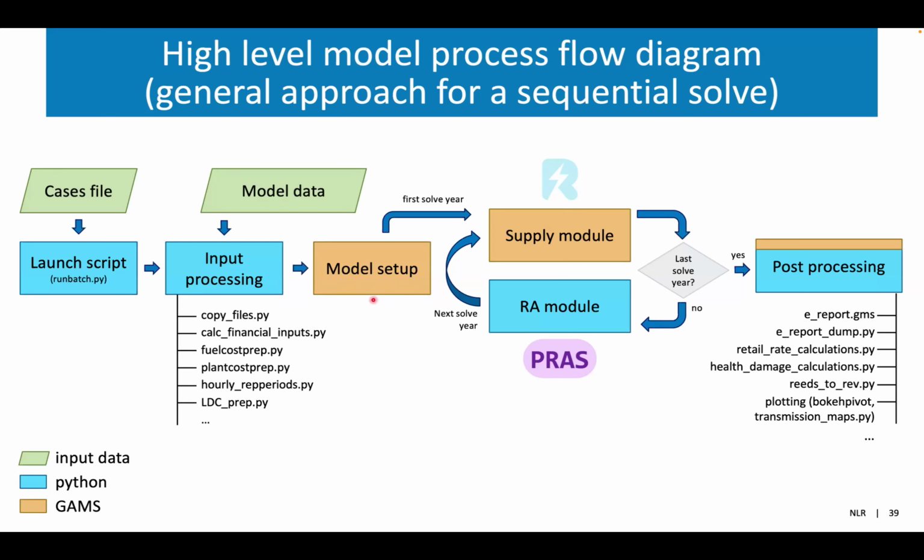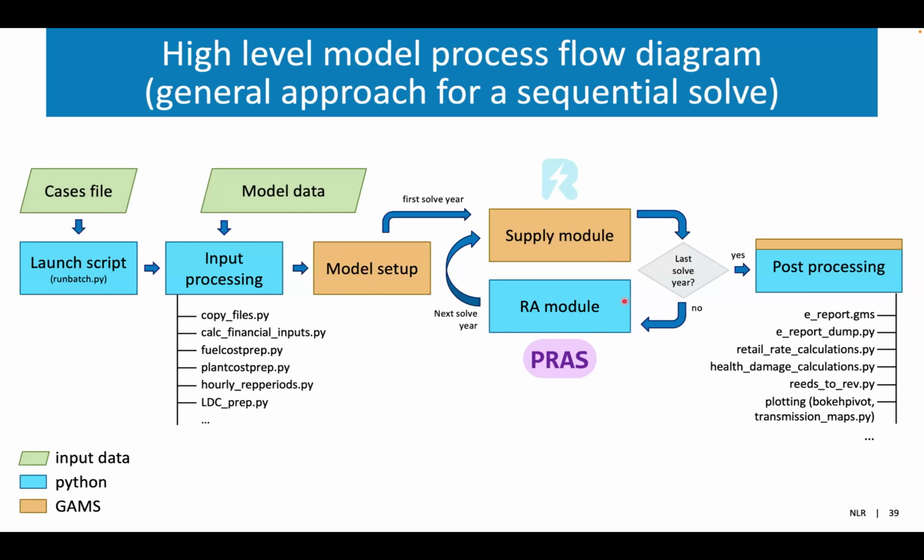This part of the code also builds the mathematical formulation of the model's optimization problem and corresponding constraints. And then the model actually kicks off its first optimized solve year, where we see here the iteration between the ReEDS optimization of the energy system to meet demand and other constraints, and the PRAS resource adequacy assessment that determines whether the system ReEDS built actually meets desired resource adequacy thresholds.